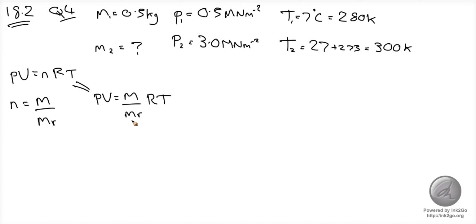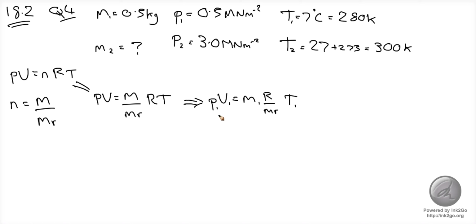Now, because the relative molecular mass of the gas is the same and R is a constant, these two are both constants, and these two change, the mass and the temperature. So it kind of makes more sense for us to write PV equals M times R over Mr, times T. And so P1, V1, M1, T1 for the initial state, and P2, V2, M2, T2 for the final state.